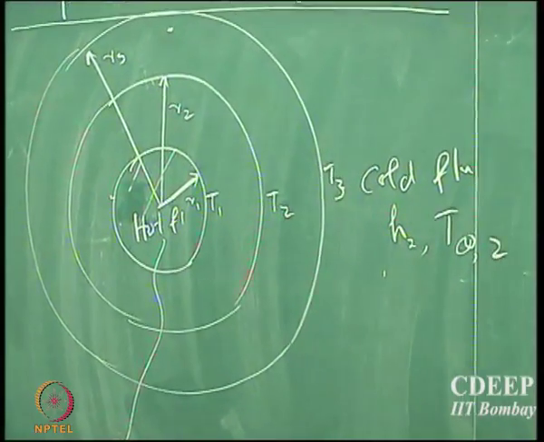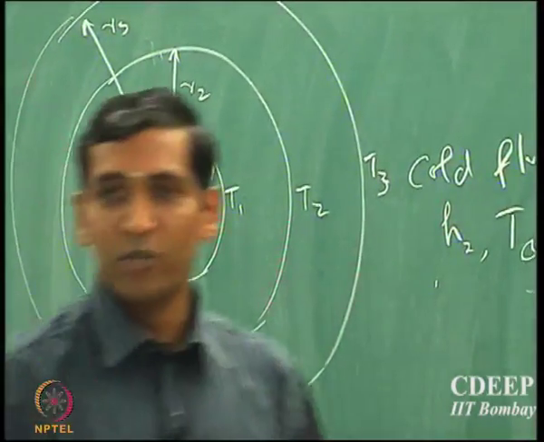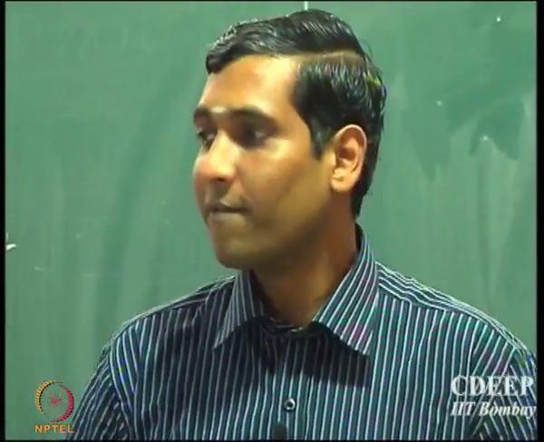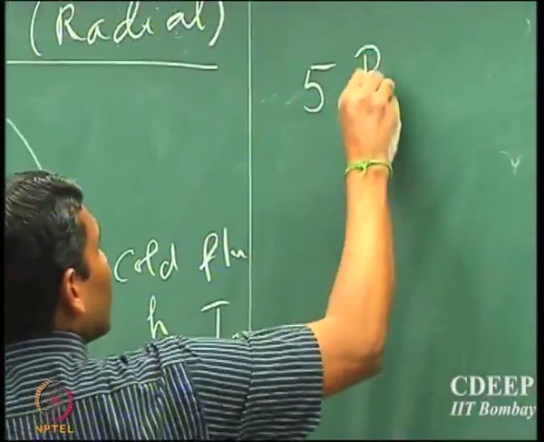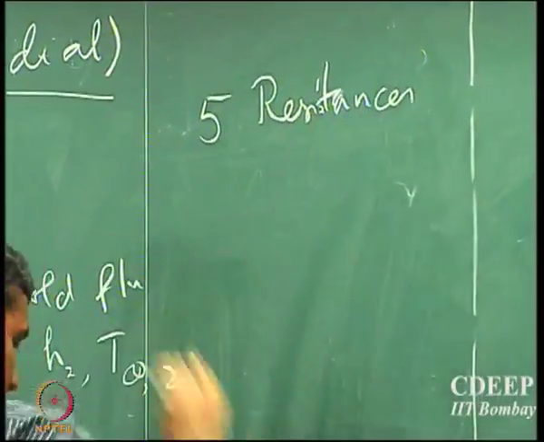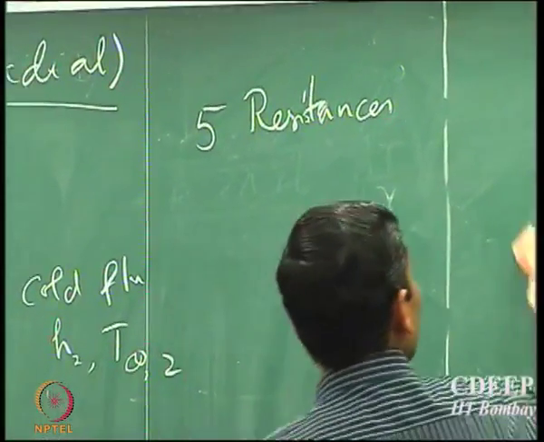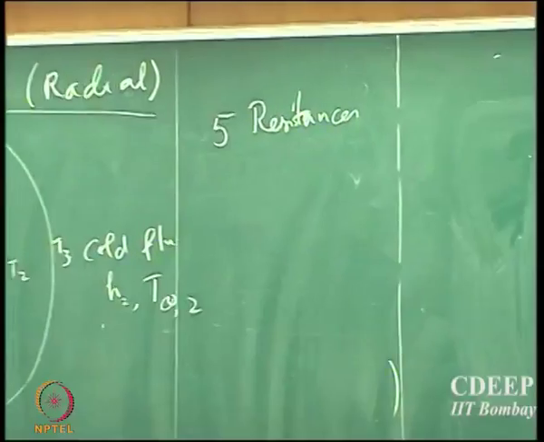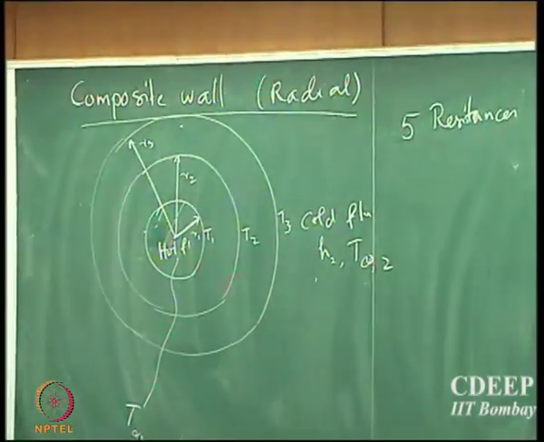How many resistances are there? If I assume that the walls are smooth, there is no contact resistance. How many resistances? There are 5, right? So there are totally 5 resistances. And what are they?